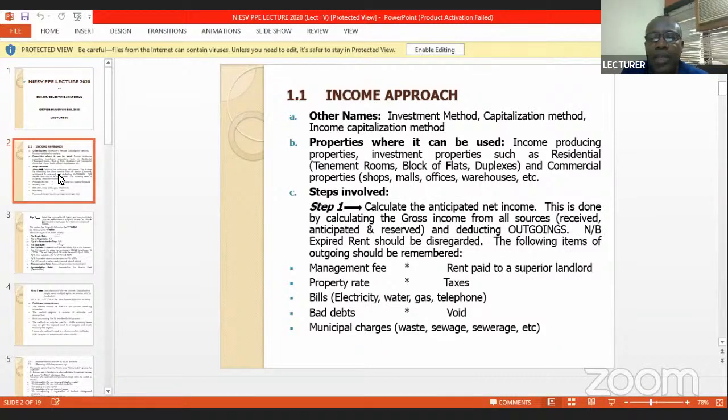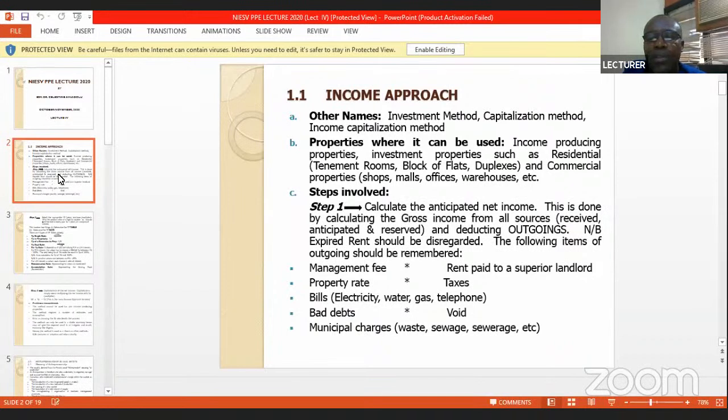This method of valuation is used for investment properties. Investment properties are those properties that are actually constructed for investment, and by that, I mean properties that are constructed to yield income.